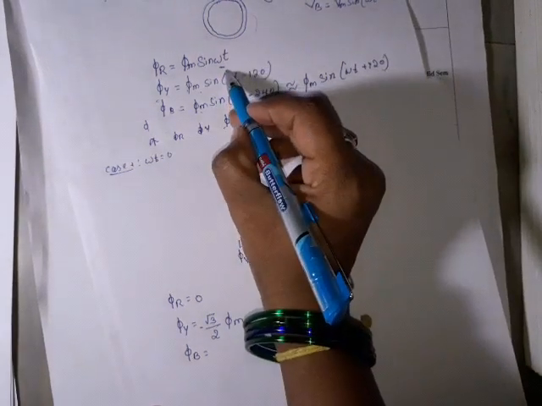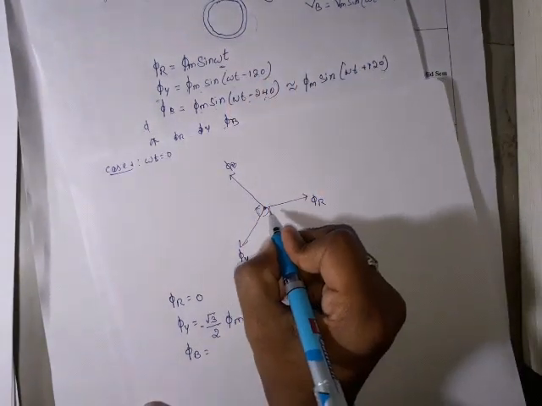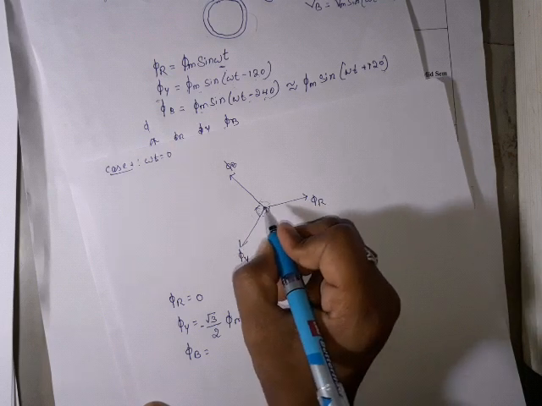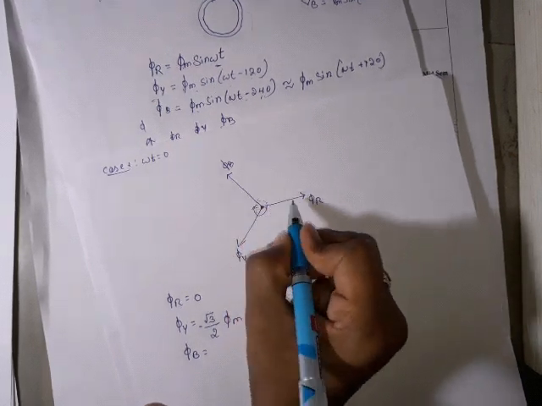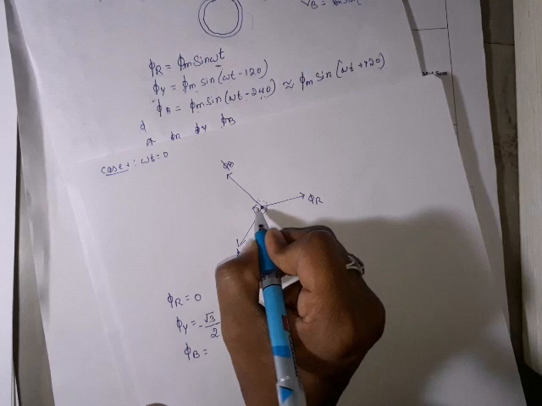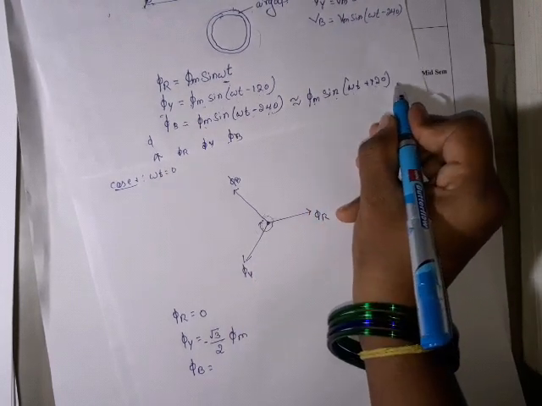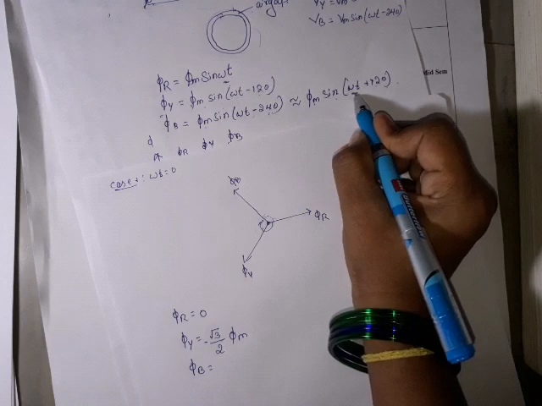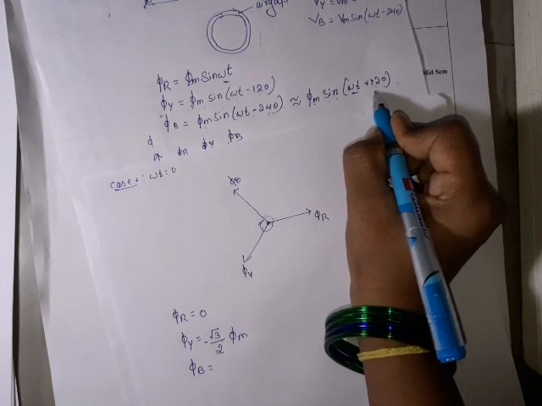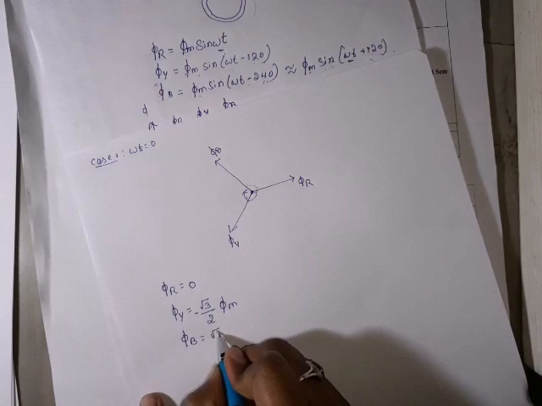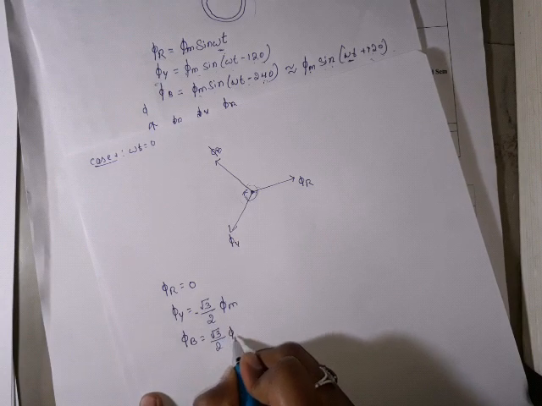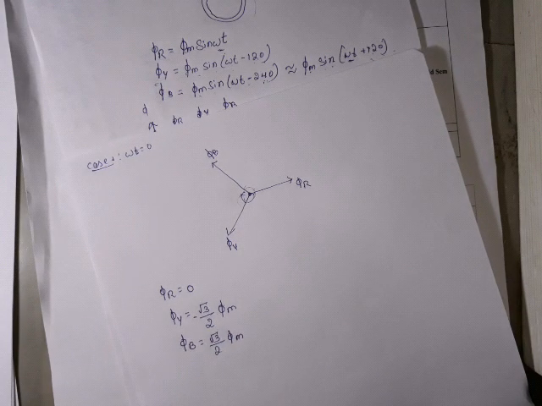We have taken phi r as a reference. But if you consider the anti-clockwise direction, your phi b is leading phi r by an angle of 120 degrees. So we can write this as phi m sin omega t plus 120 degrees. So omega t is equal to 0. Sin 120 is root 3 by 2. So phi b will be root 3 by 2 times phi m.